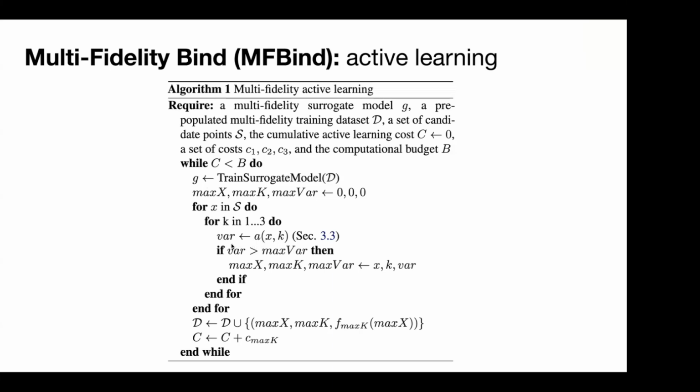And then we take the highest value of the acquisition function, take that compound and run the simulator on it and append those results to the data set. So that's this line, where we just append the results of the simulator to the rest of the data set. And then we also increment the active learning cost with the cost of the simulator.